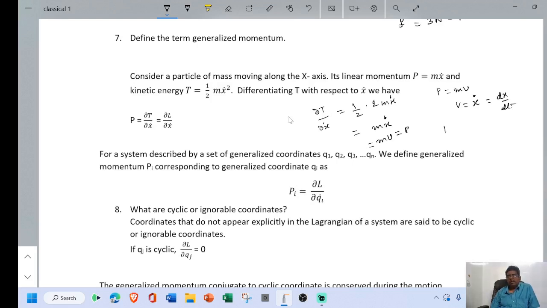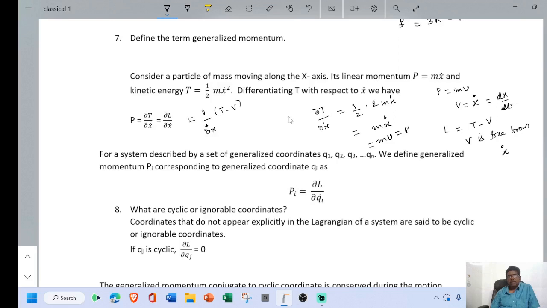We know the Lagrangian equation, L equals T minus V, but potential is independent of x dot. That means V is free from velocity. Instead of T, we can use L. Actually, this is dou by dou x dot of T minus V. But dou V by dou x dot equals 0.